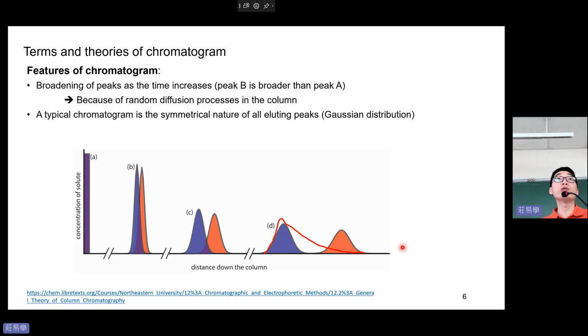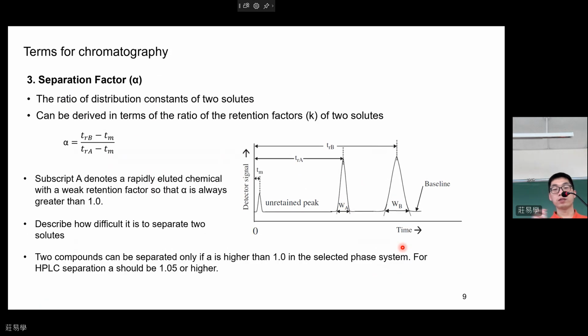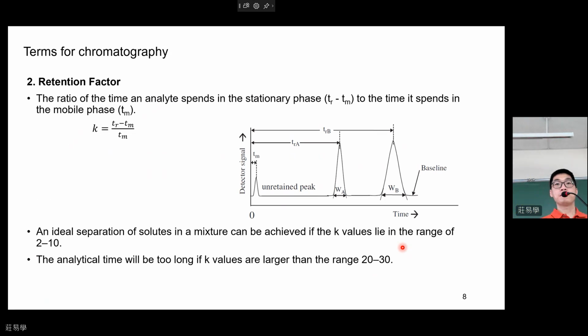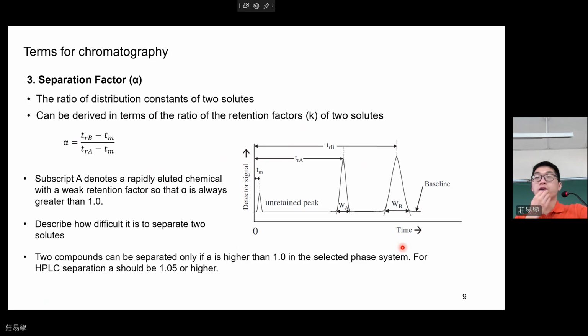In the case of liquid chromatography, what can you do to shorten the retention time of your compound? You need to increase the solvent ratio in the mobile phase. Do you understand? If you want to shorten the retention time, you increase the solvent concentration in the mobile phase, which increases the compound's affinity with the mobile phase, so it can be eluted earlier. All right.